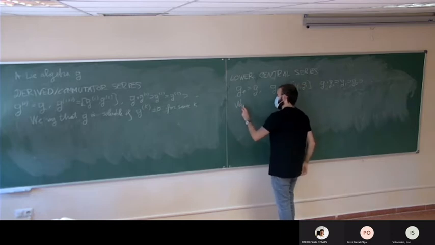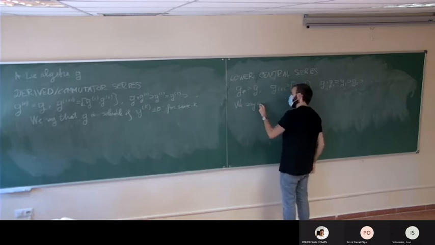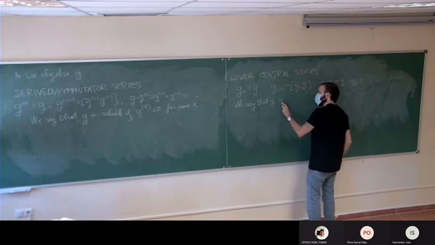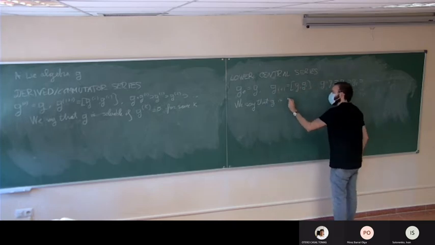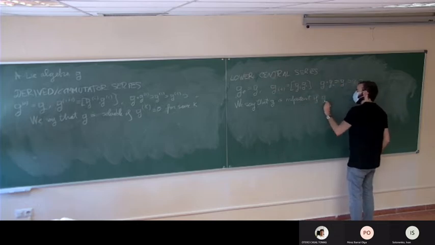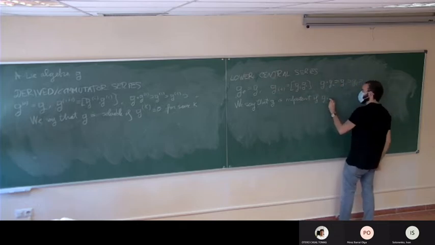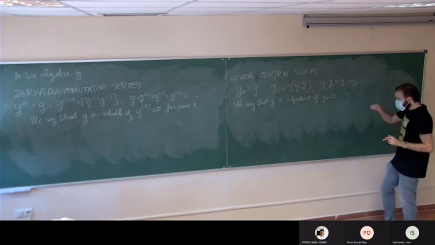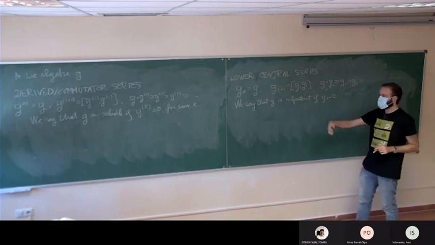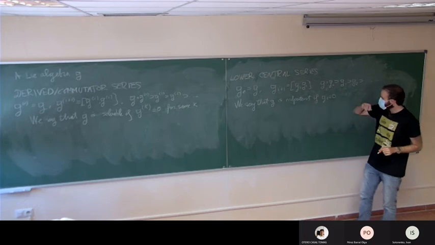We say that G is nilpotent if G_k equals 0 for some k. Now, as I said before, some of our algebras have an abelian ideal.